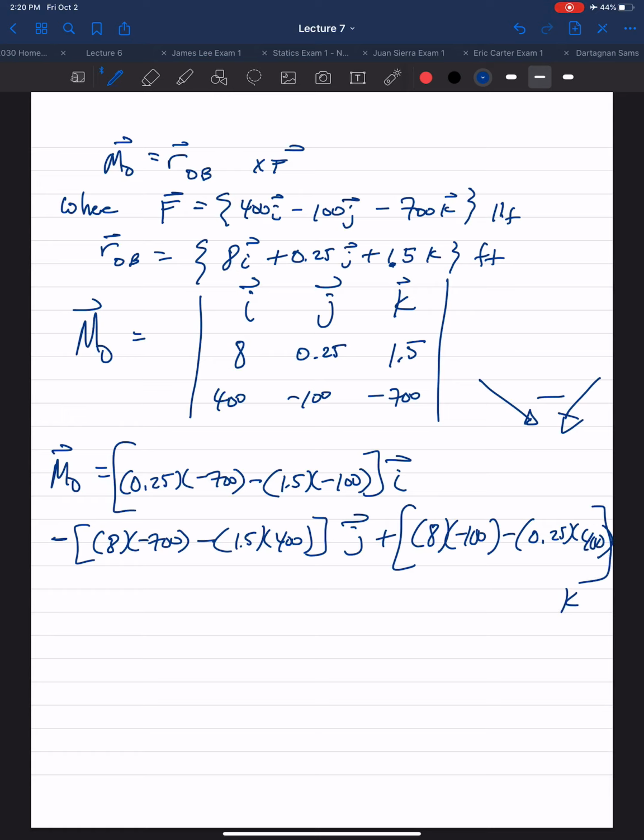And this is k. Multiply these out, and you get the moment about point O caused by that force F is negative 25i plus 6200j minus 900k pound force feet.